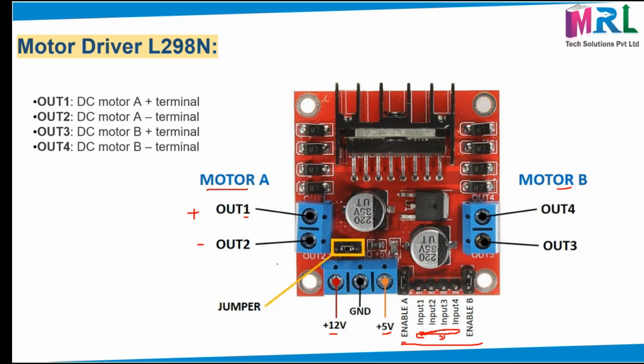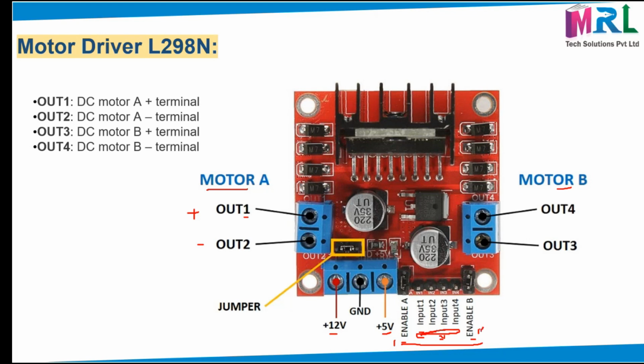Then enable A and enable B are to enable motor A and motor B. If enable A equals 1, your motor A will work. If enable B equals 1, your motor B will work. 1 means high, 0 means low.